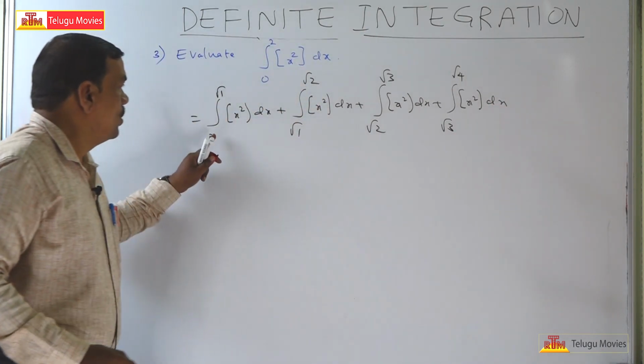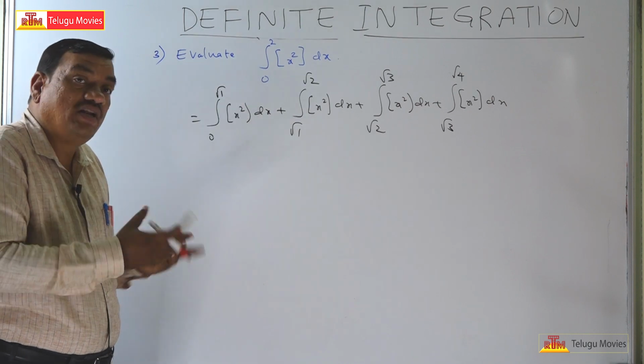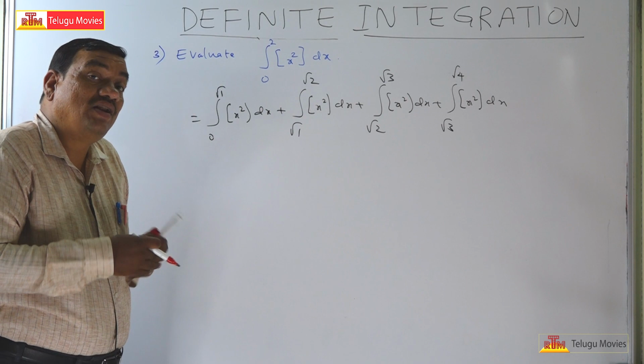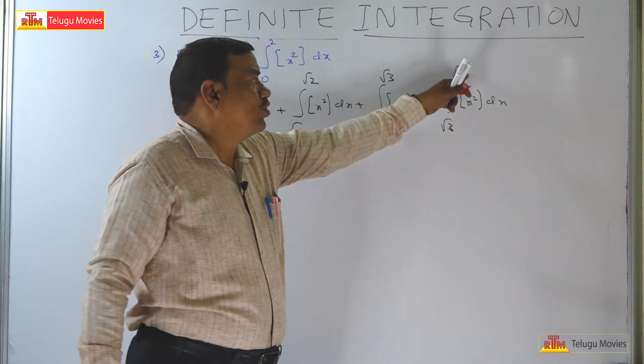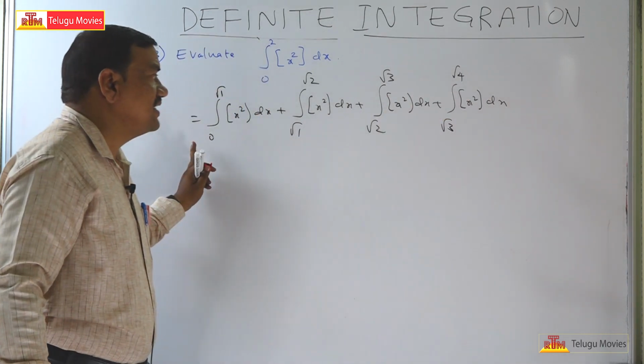Observe here: if x is under roots, then root and square get cancelled and you will get the answer. Root 4 means 2, so this is the upper limit and that is the lower limit.